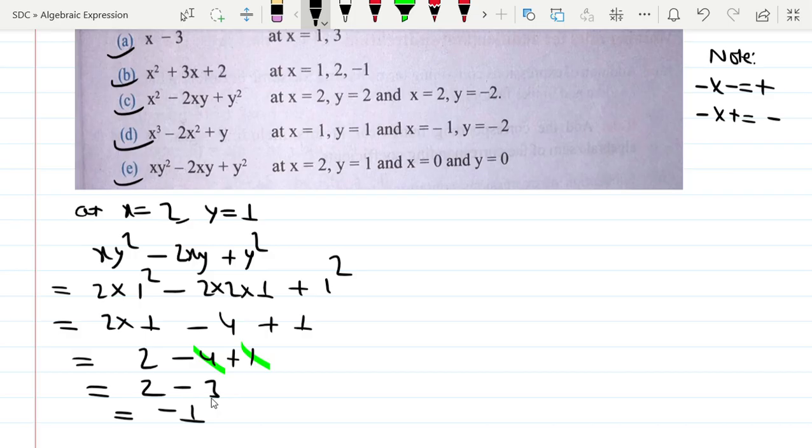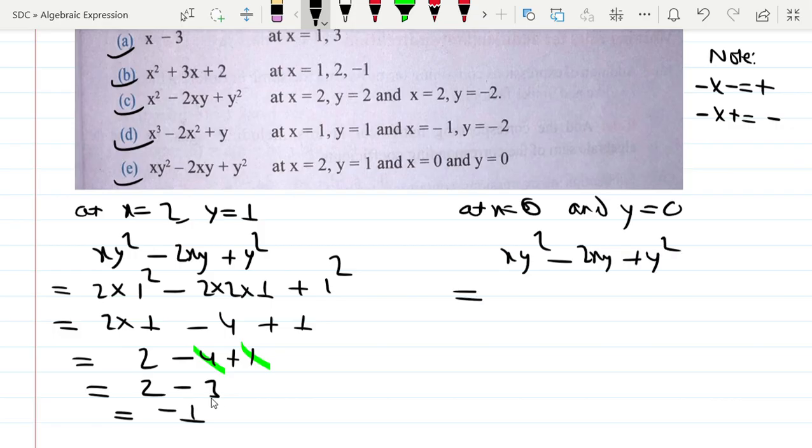Now for the second one, at x equal to 0 and y equal to 0, is it? So here we have xy square minus 2xy plus y square, is it? So here the values of x and y are 0 and 0, so x is 0, y also 0, 0 square we see, minus 2 into x into y, so 2 into 0, and y square means 0 square.